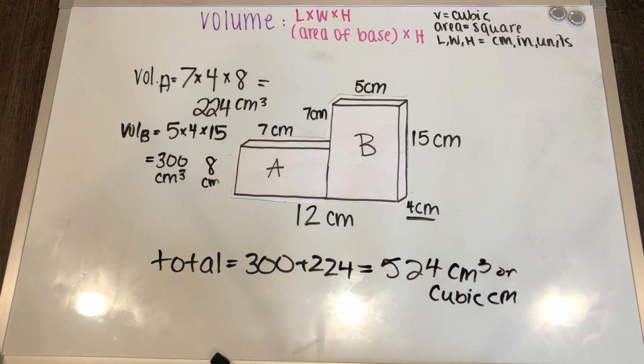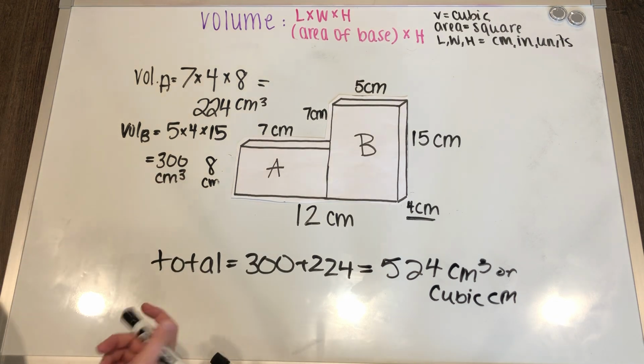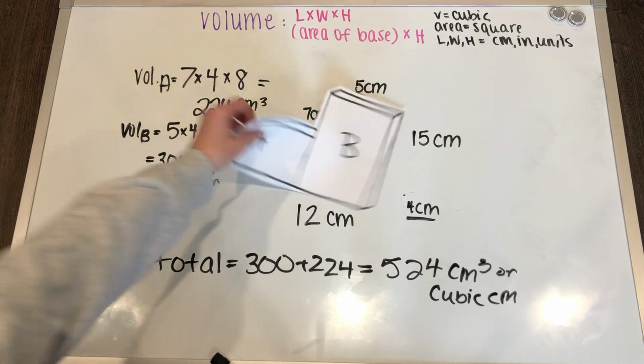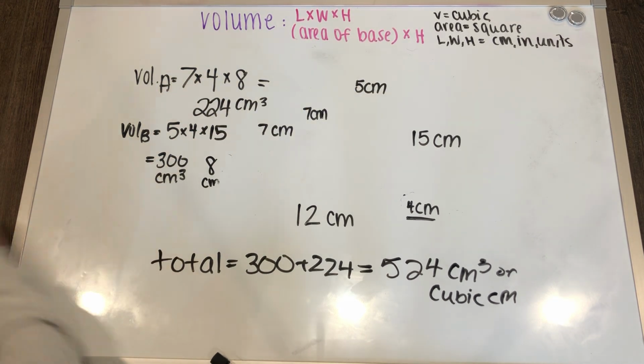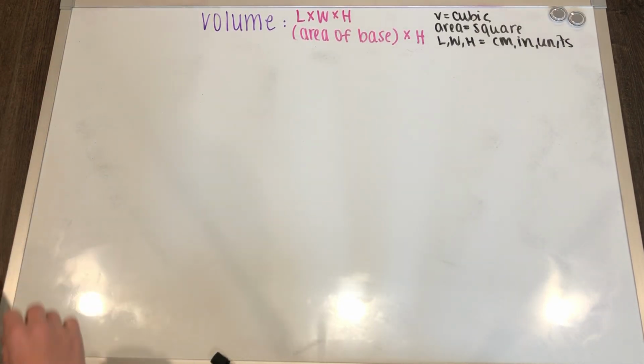Okay, so for some of these, you're going to have to find missing pieces and then end up finding the volume at the end. So to do that, we have to split it so that we have 2 or more rectangular prisms and then add up what we have, okay? Let's do another one. We're not going to find the volume of this one, but let's say you have, we'll bring this one back.